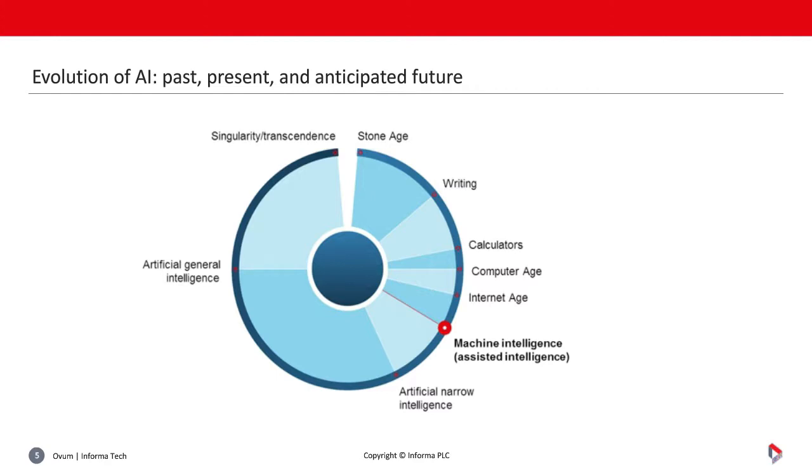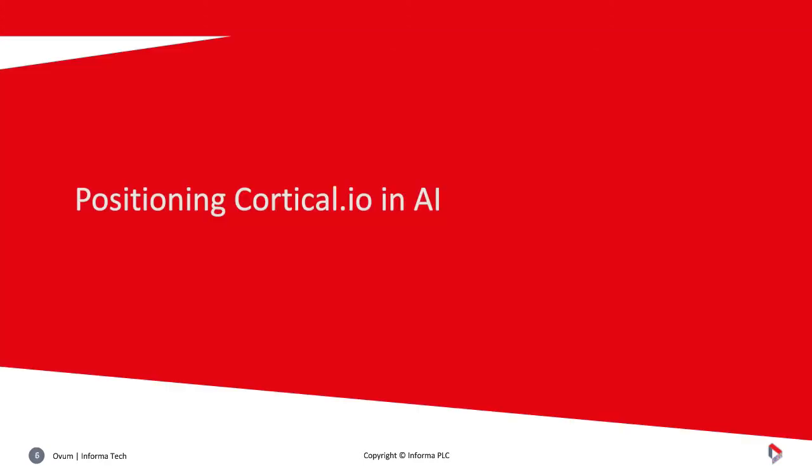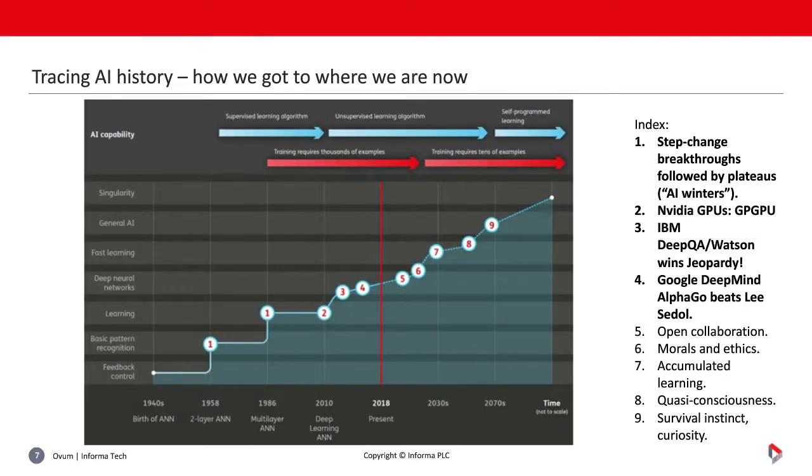So where we are now is machine intelligence, very exciting technology. And let me then tell you a little bit about what Cortical is doing and, as I said, why I'm excited. So this chart provides a historical overview of the development of AI over the years.